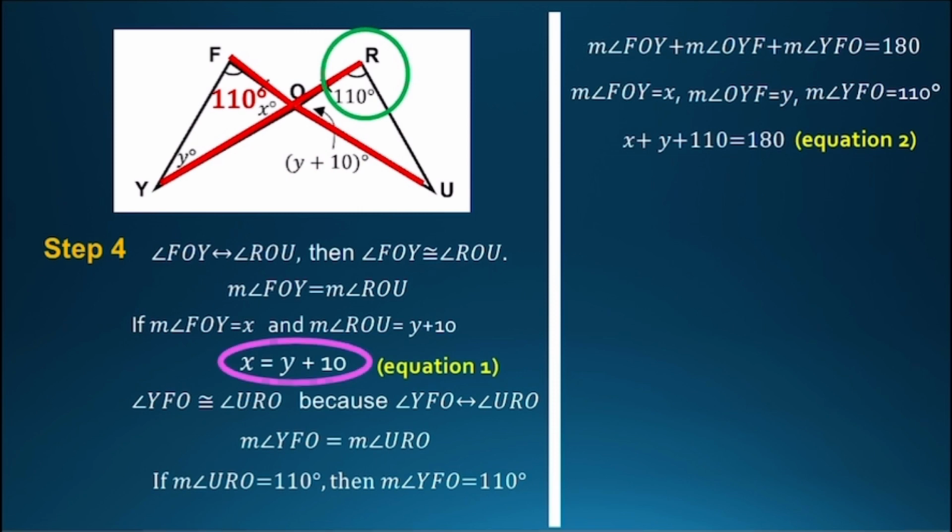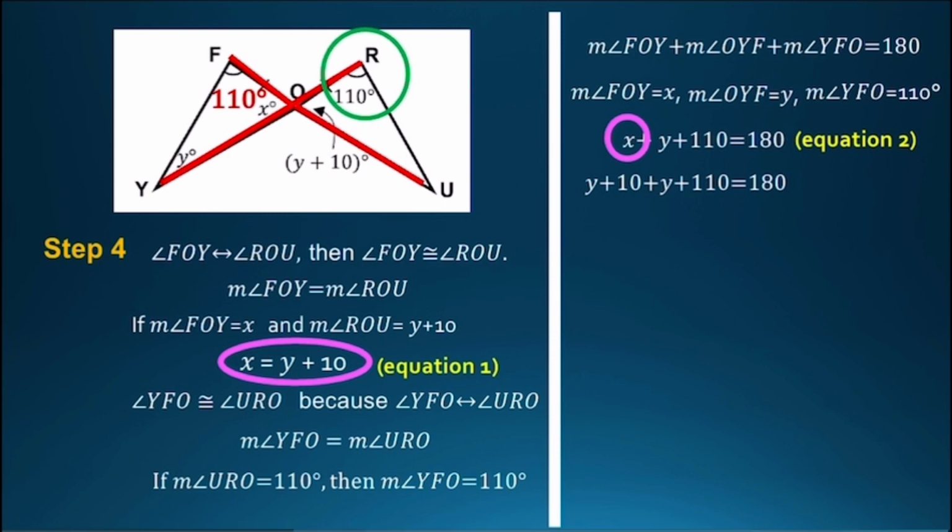Now, let's substitute the value of x from equation 1 to the x of equation 2. It will become y plus 10 plus y plus 110 is equal to 180. And after this, combine similar terms.